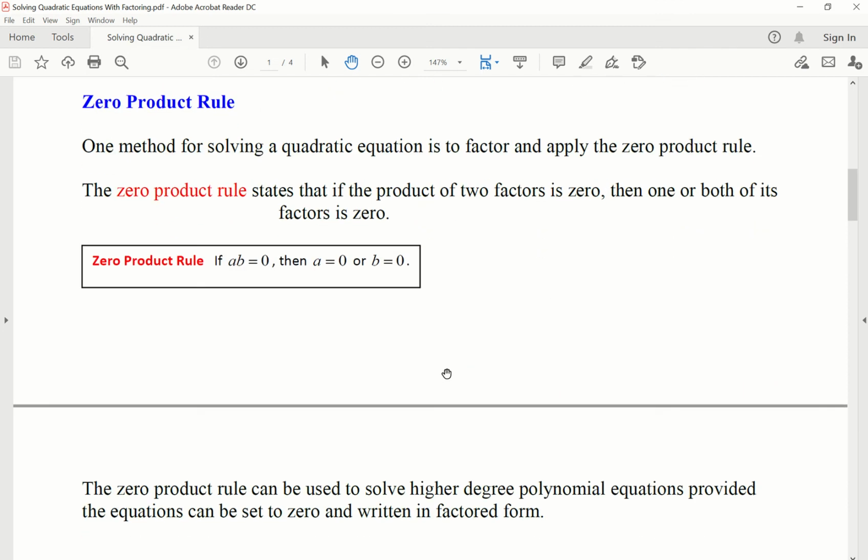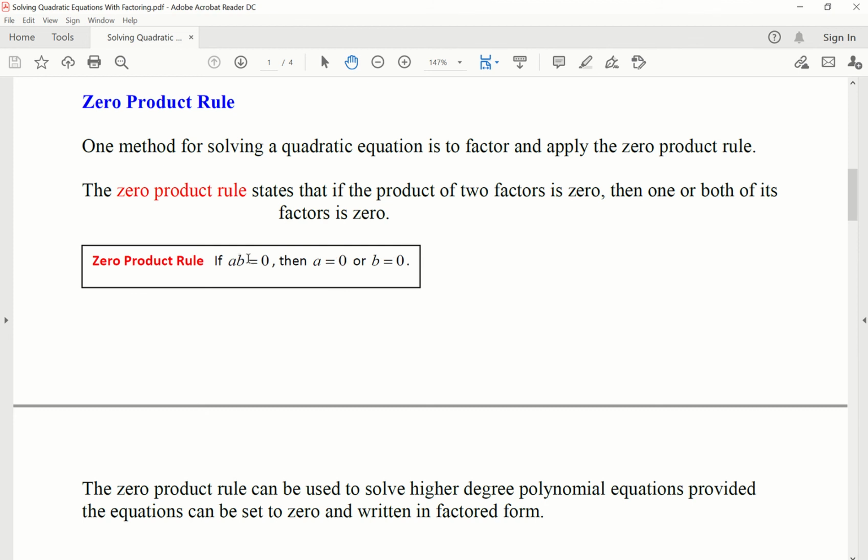One of the things that's going to allow us to solve these quadratic equations is something called the zero product rule. And this is something that maybe you haven't thought about in a while, but intuitively we all kind of know when working with the real numbers. If you take two numbers and multiply them together, so let's suppose I take a times b, and that multiplication results in a zero value, the only way that can happen is if one of the original two numbers themselves were 0.